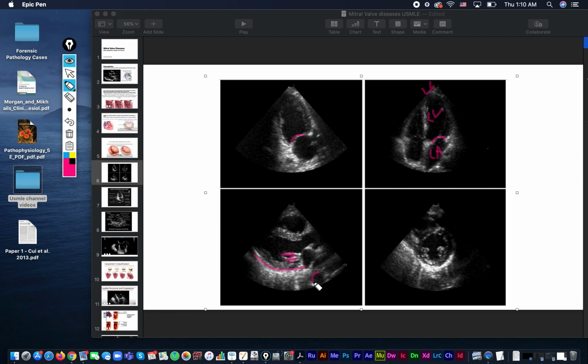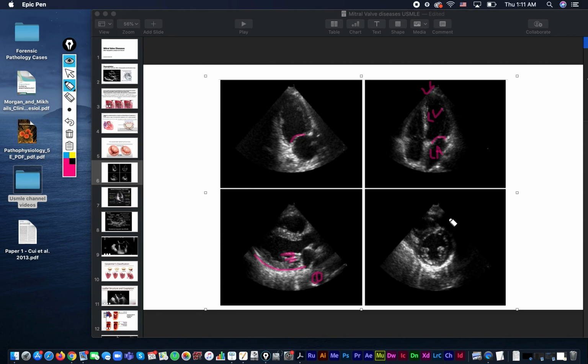This descending aorta, we know that this was taken in diastole because the descending aorta has a small diameter. So if it's in diastole, the valves should be closed, but it's tough to decide from this image.